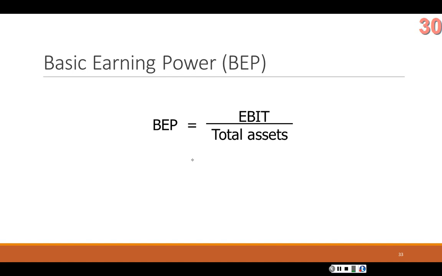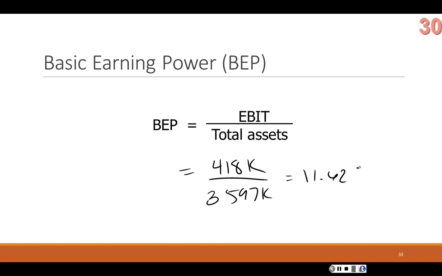So here, for our company, we have earnings before interest and taxes of $418,000 and total assets of $3,597,000. So that gives us basic earning power of 11.62%.